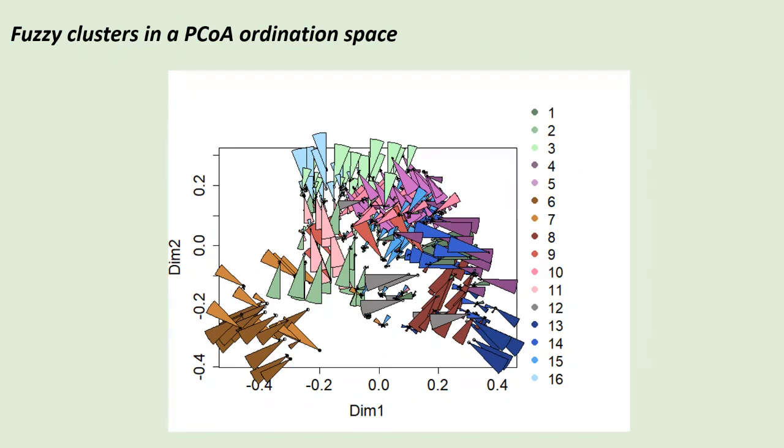So to determine the vegetation communities, I used a fuzzy cluster analysis. You can ignore the axes on this plot, which just represent the coordinate locations of every plot. But you'll see that these colored wedges represent the plots, and the color of the wedge indicates what cluster the plot belongs to.